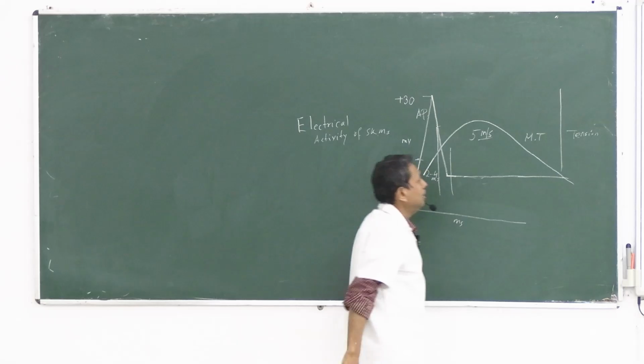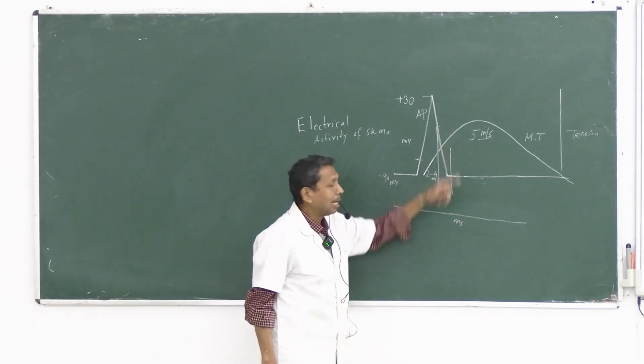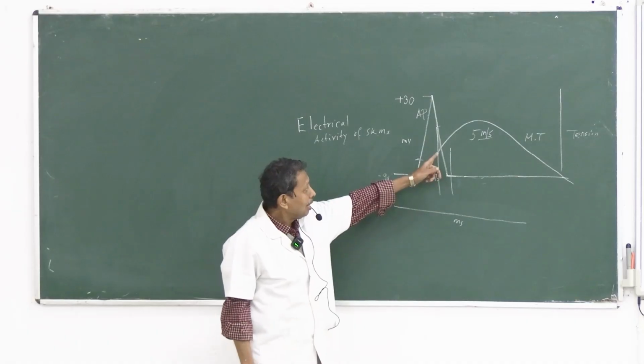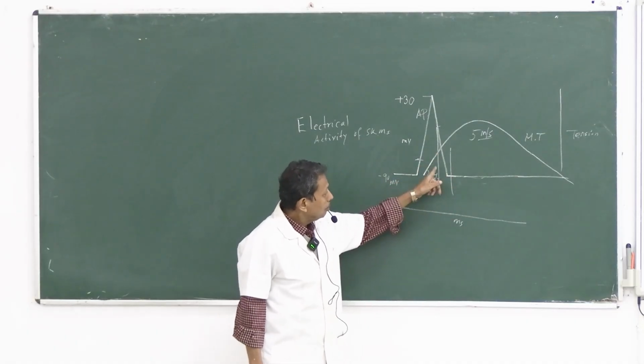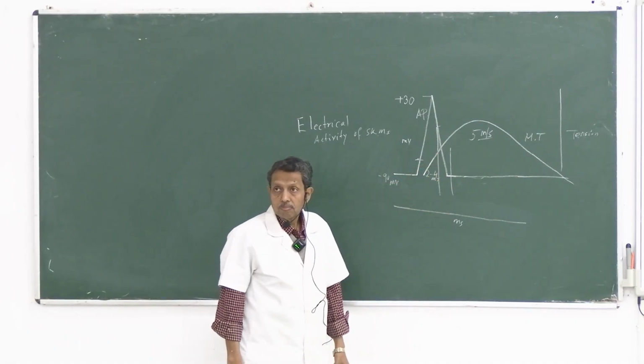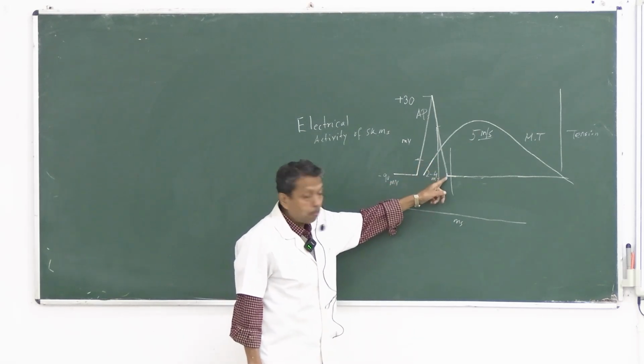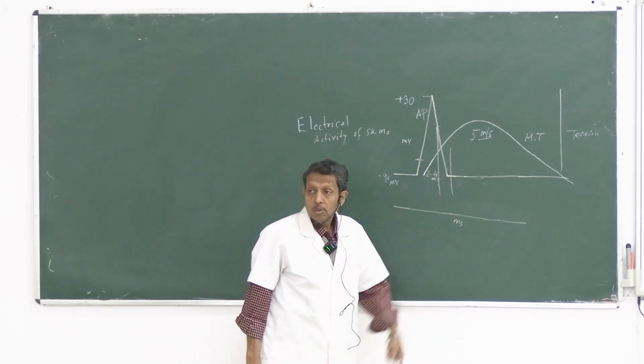Whatever may be the unit, it is the tension, due to this mechanical effect. So the mechanical effect is more prolonged than the action potential. Clear? After the spike potential, it continues.